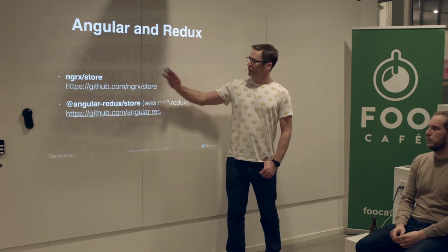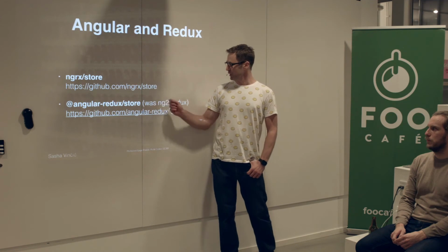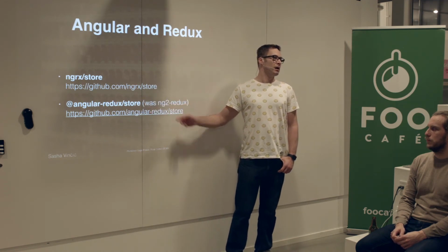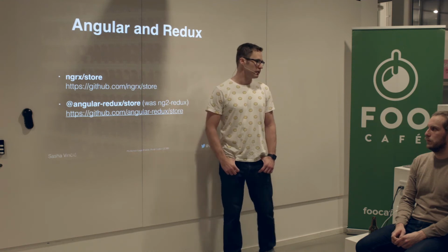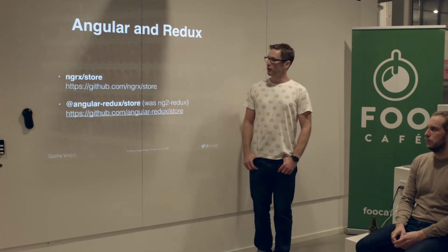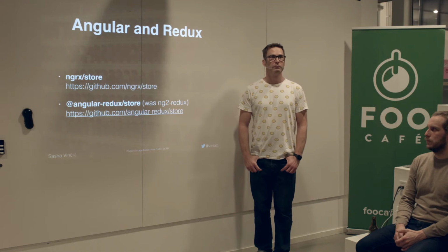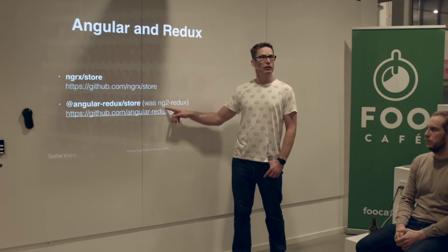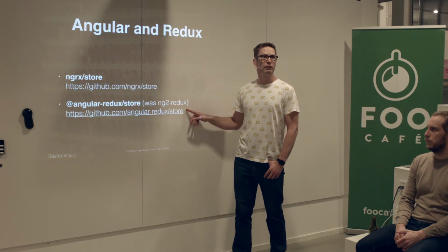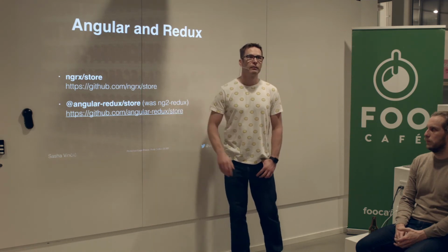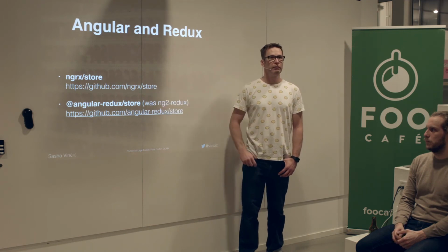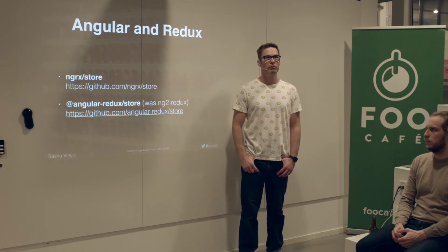And this one still has the name. I have been using ng2-redux, so I will use that as the example for the code that I will show you today. This one is for Angular 2. For Angular 1 you have ng-redux. So this one has been around. This one, I don't know if there are any versions for Angular 1.